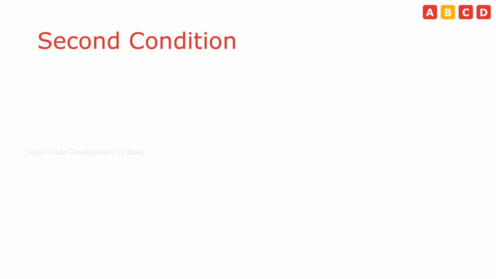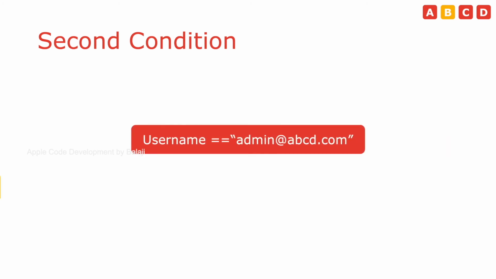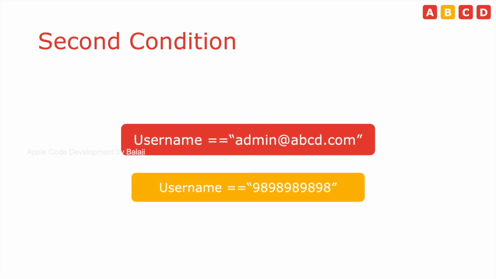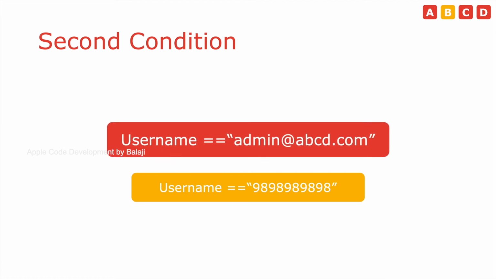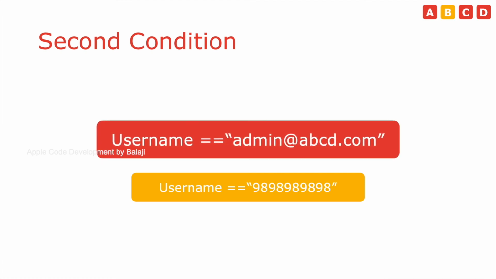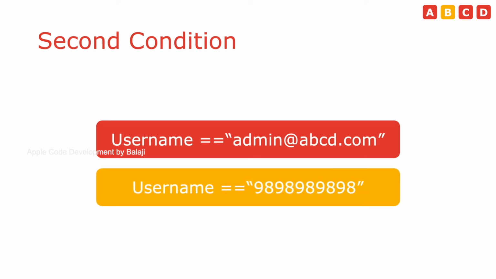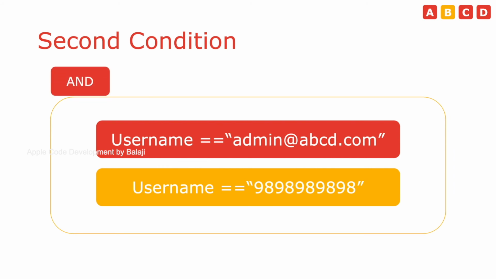The second condition is that the username should be admin@abcd.com or the mobile number. So our conditions are username double equal to, which is comparison operator, admin@abcd.com, and username double equal to mobile number. Now merge these two conditions. Which one shall we use? AND or OR logical operator.